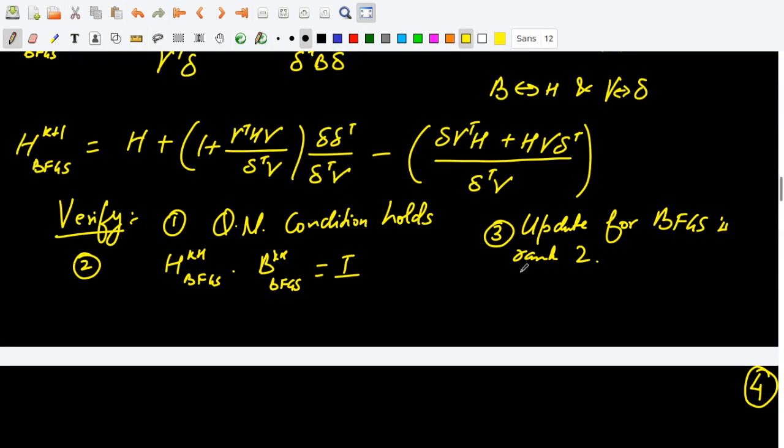Also we can verify that if B k is positive definite, then so is the next one.